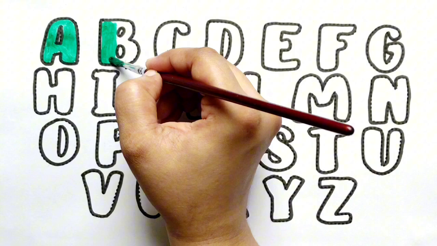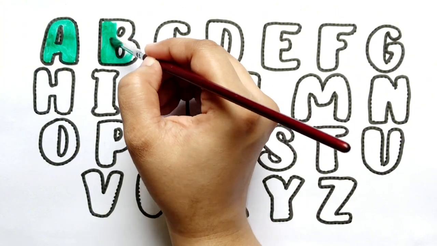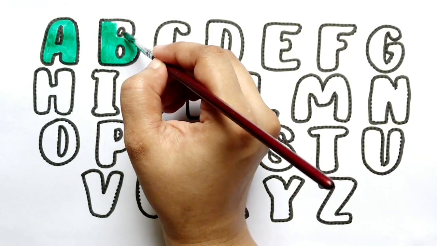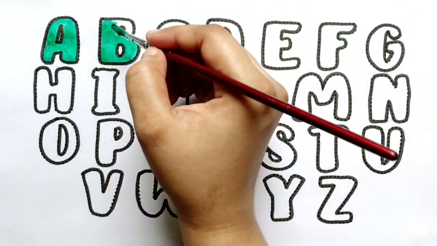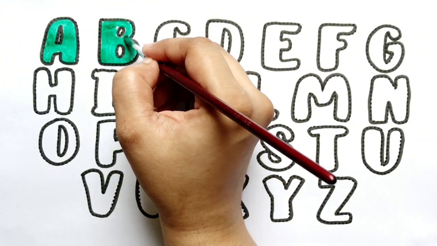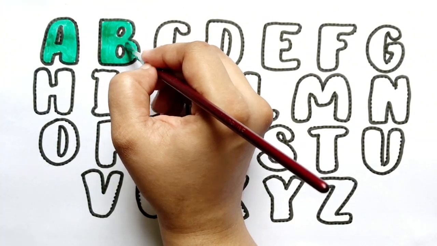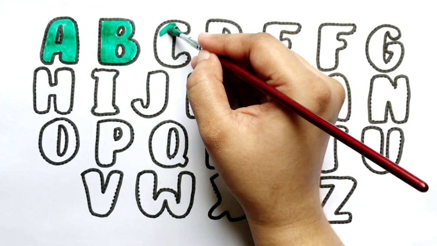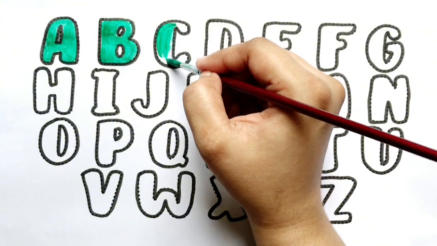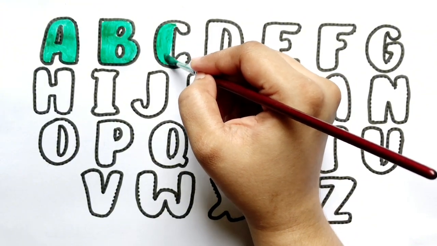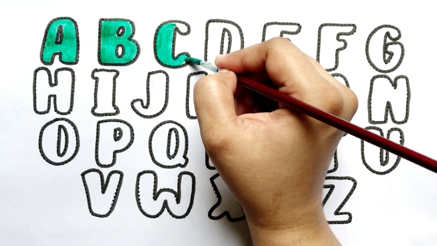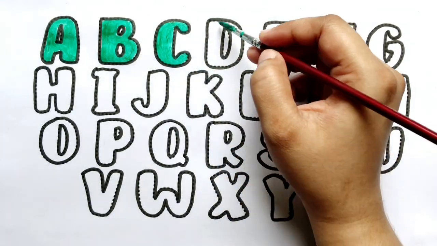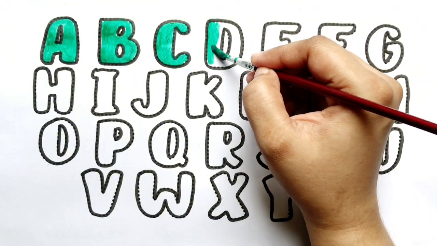B for broccoli. C for cherry. D for dolphin.